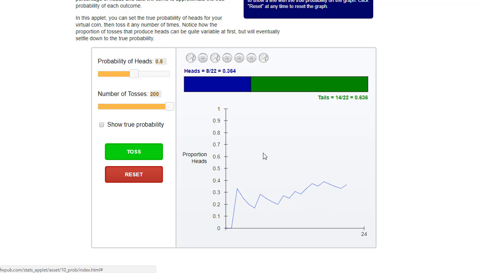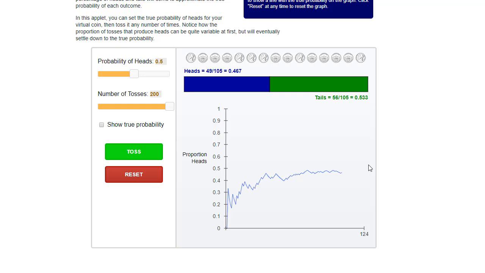So if I toss, it's going to go really quick. And you can see they're graphing the probability that we're collecting cumulatively. And we can see right here the probability that we're collecting cumulatively as well. So out of 210 flips, we got almost 50-50. We're pretty close. We can see our graph is almost 50-50. If I flip 200 more times, I'm going to end up with 410 flips, right?